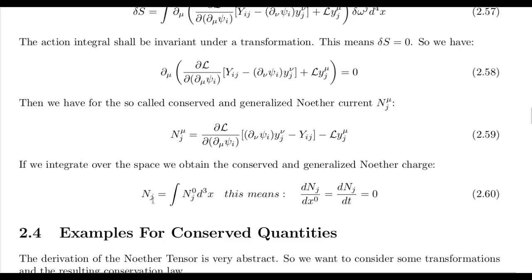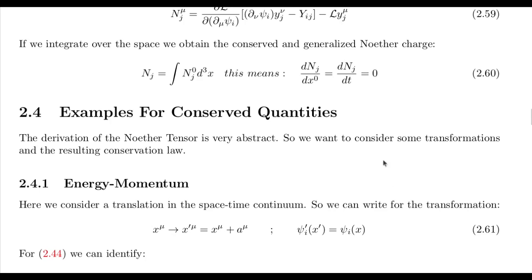Then we have only one index, and here we have only the 0th component, and so this means that we have here only the time component. That means the derivation with respect to time is 0, and this is a conservation law. And this is very abstract, so we consider some examples for conserved quantities.